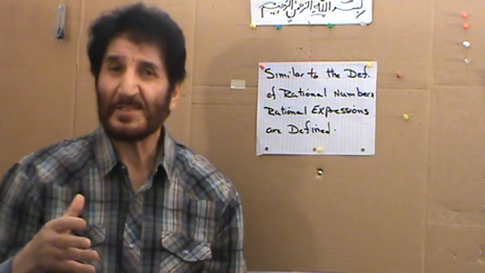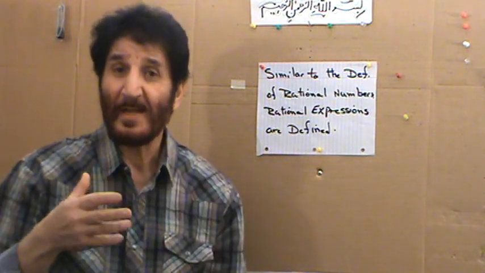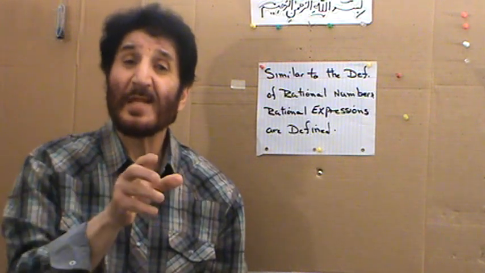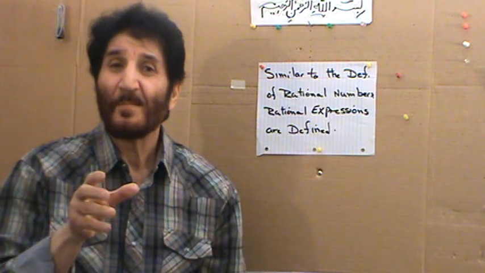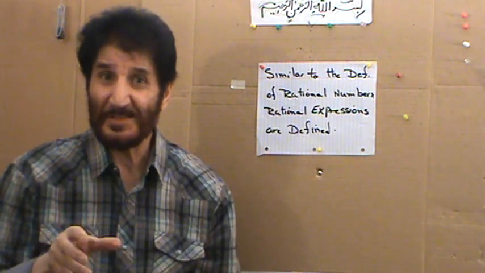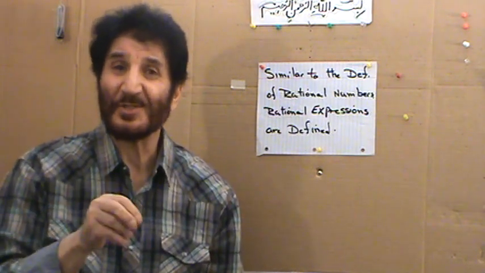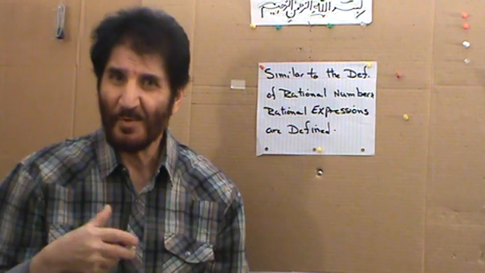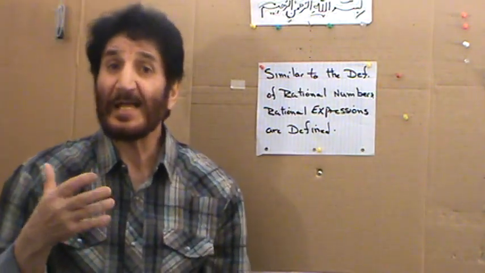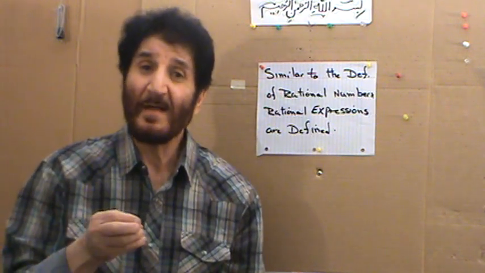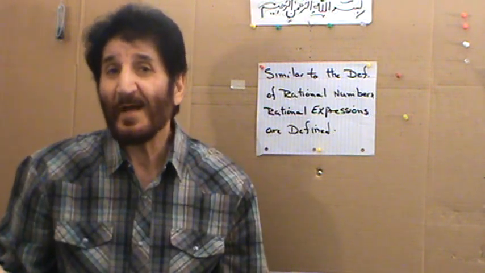Rational expressions are in the form of numerator over denominator, in the form of a ratio, but the numerator and denominator are polynomials. So polynomials to rational expressions is what integers are to the definition of rational numbers. A very nice correlation, isn't that right? And if we have a rational expression and we make a function out of it, writing it in the form f of x equal to that, then we have a rational function.